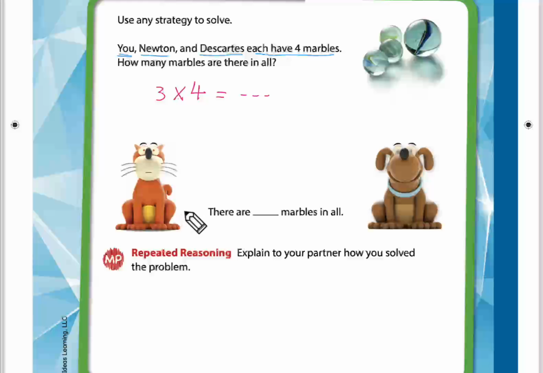I'll tell you one way that you can use. I can write it down here, how we can write 3 times 4. And you can use the distributive property. How can we do this? We will write it as 3 times 2 plus 2.